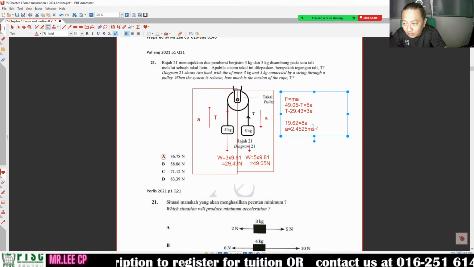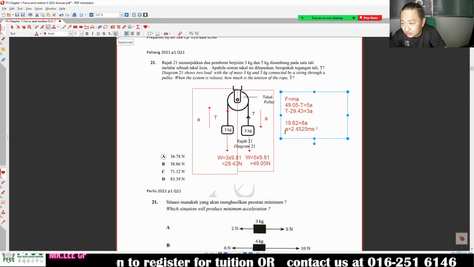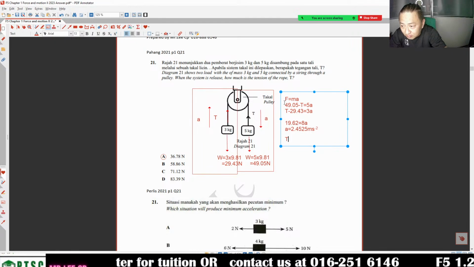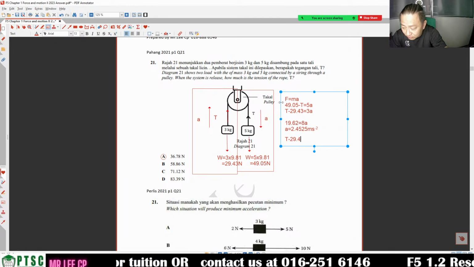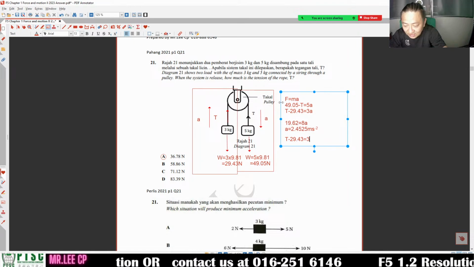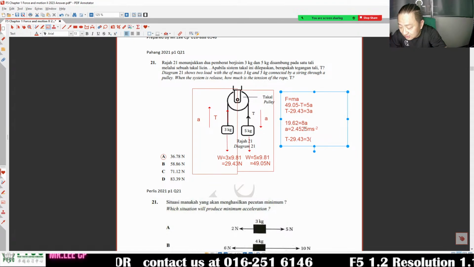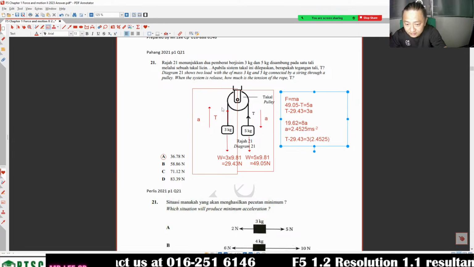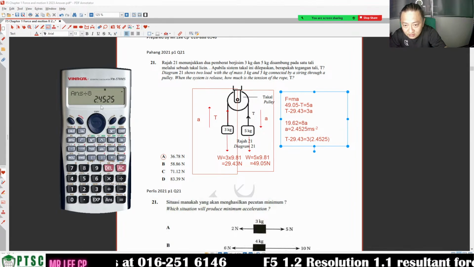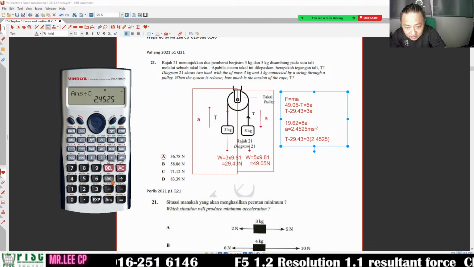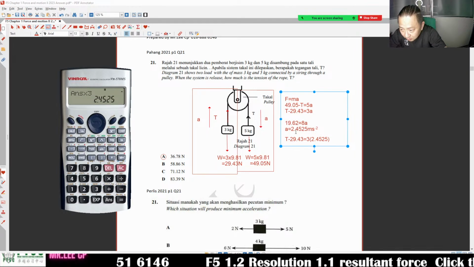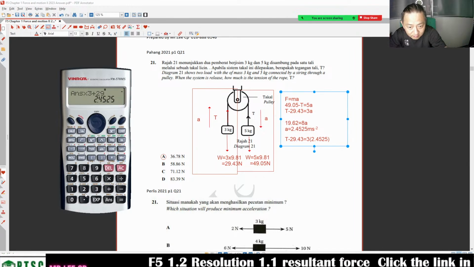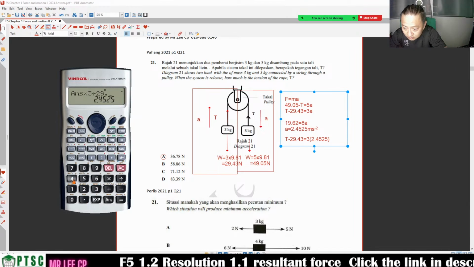But anyhow, I want to find the tension. So substitute back: T minus 29.43 is equal to 3 times A. A is 2.4525. Here, I need 3 times 2.4525, and then plus 29.43.